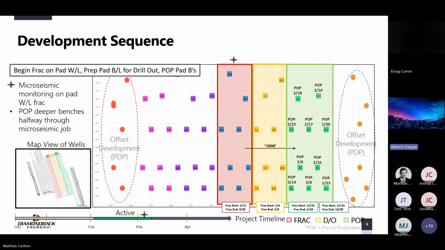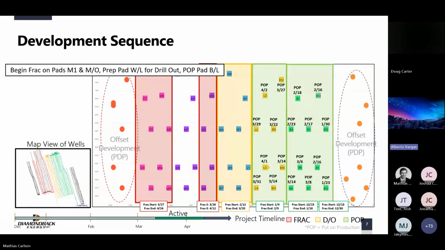It turns out distance matters, especially if you have a producing well that you don't want to get elbowed by its neighbor. On this stage, we have wells fracturing in pads M1 and MO, and we started to drill out pad WL while pad BL was popped.